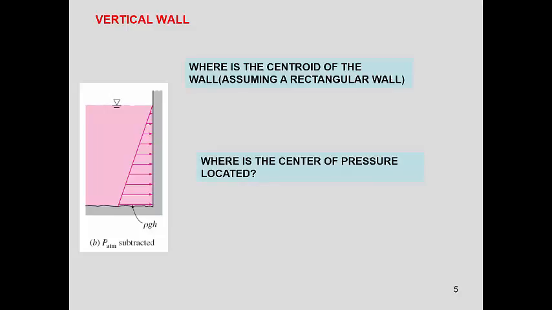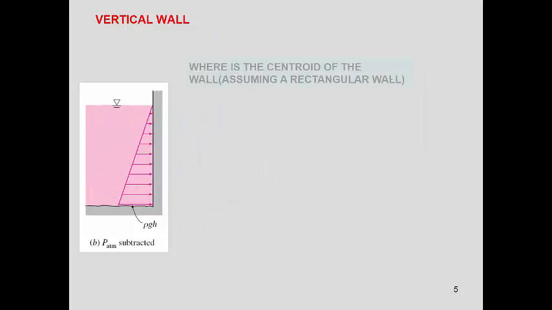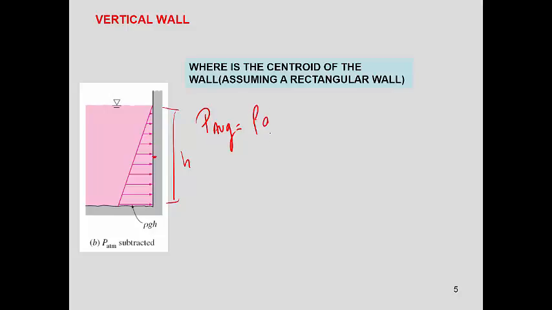So you calculate the resultant force, in this case you have h, so it's going to be rho g h at the centroid of the wall, and from there I get my average force, which would be pressure times the area of the wall or the plate.